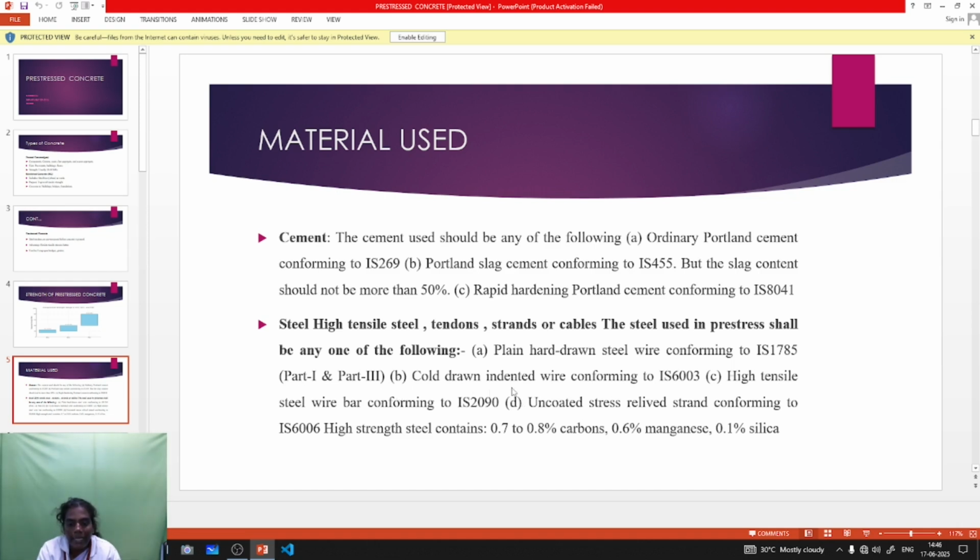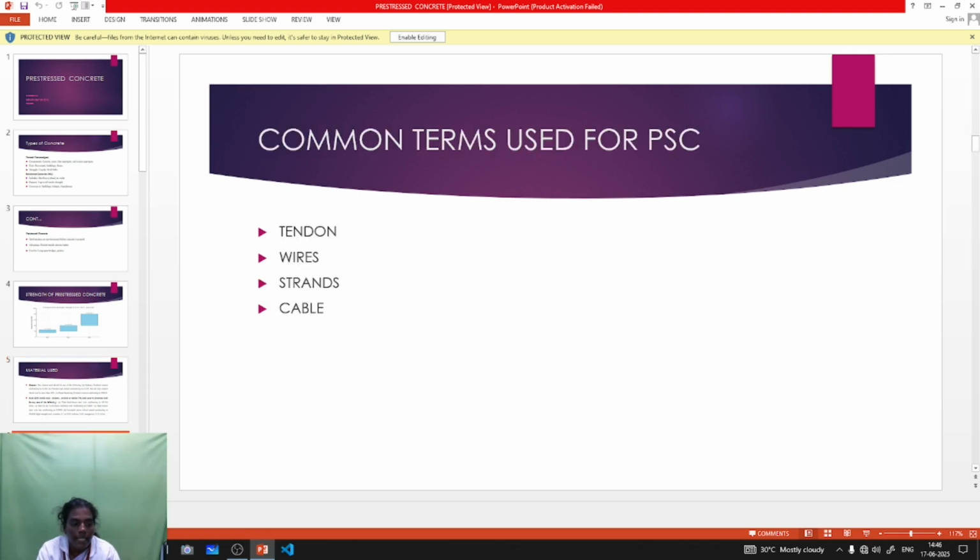Next, cold drawn indented wire conforming to IS 6003. High tensile steel wire bar conforming to IS 2090. This type of steel is used for prestressed concrete members. Okay, next, the common terms used for prestressed concrete members.